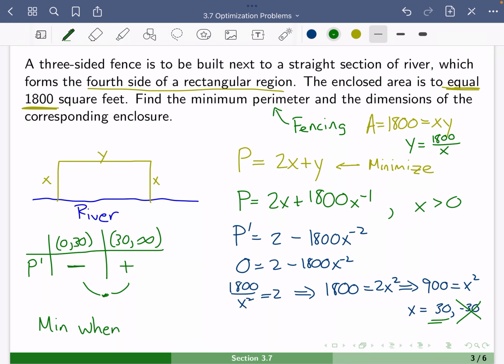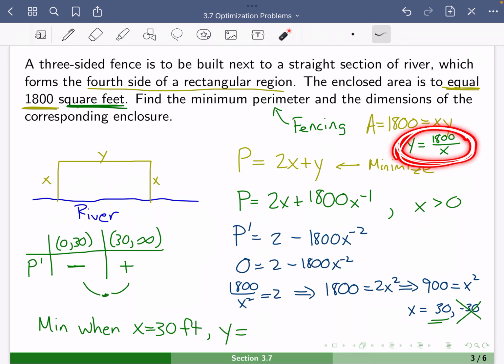So there's a minimum when x is equal to 30, and the units on that are, well, the 1,800 was in square feet, so this will just be in feet when x is 30. And what is the y value when x is 30? Well, our y value we set up here was 1,800 divided by x.